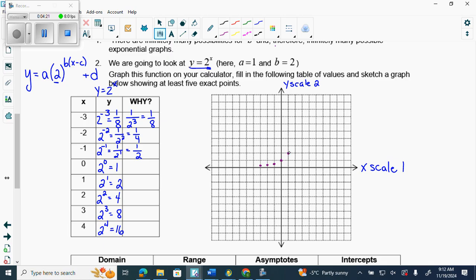Oops, forgetting that I just made my y scale be 2. Y scale is 2. So really, really close. 2 and 4. 3 and 8. And then 4 and 16.